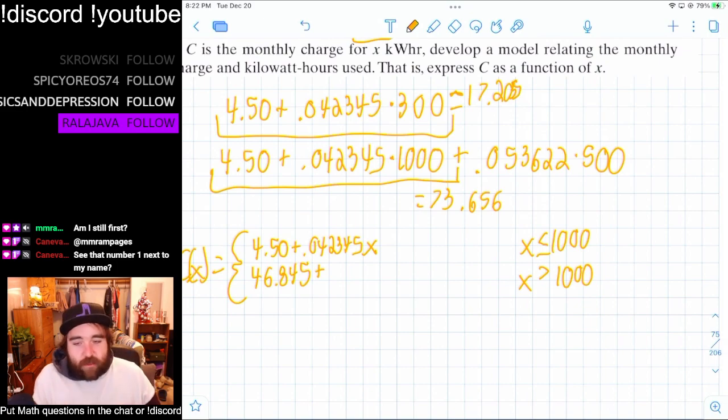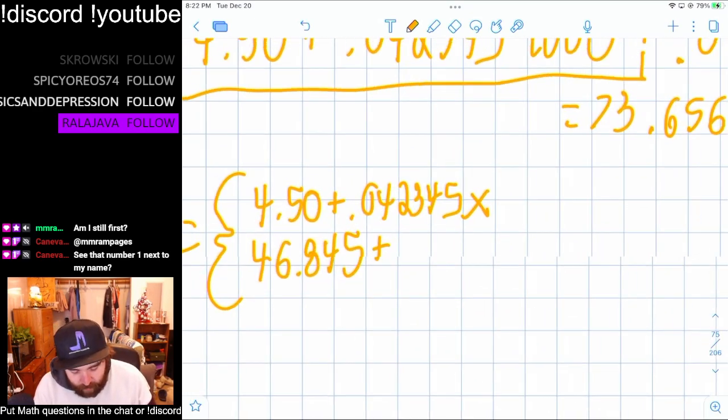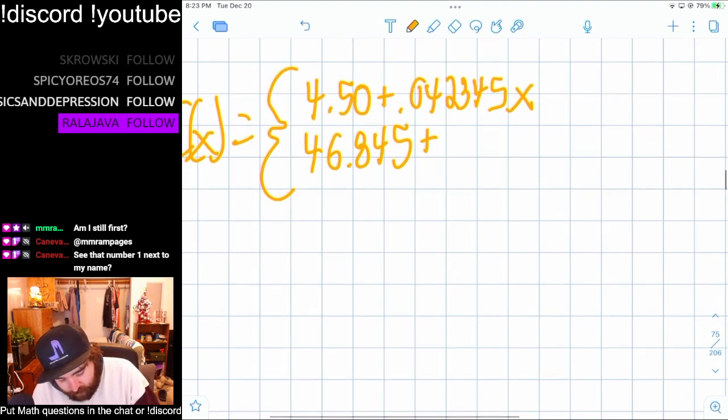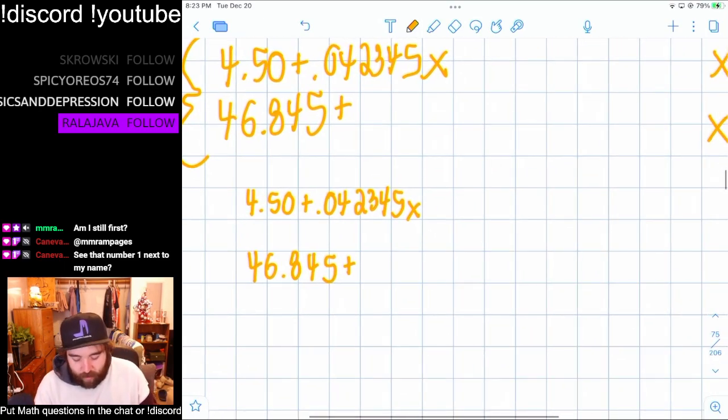But then it's not just as simple as multiplying by the x value here, right? Because we've already paid for the first 1,000. So how is that going to work out? Can I redo this down here? So it's going to be 450 plus 0.042345x. See how nice my handwriting can be when I try? And then 46.845 plus what?